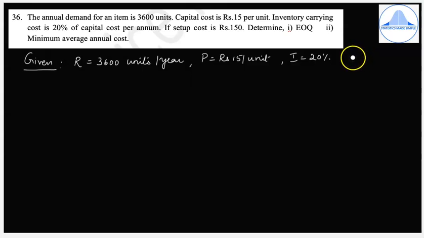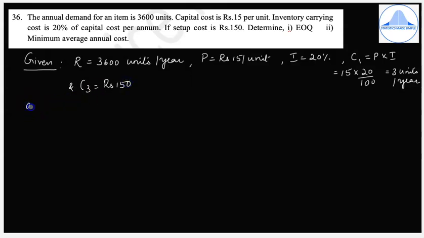So carrying cost, that is C1, is P into I, which is equal to, in this case, 15 into 20 divided by 100, which will be 3 per unit per year. And they've also given us the setup cost. So C3 is equal to rupees 150.